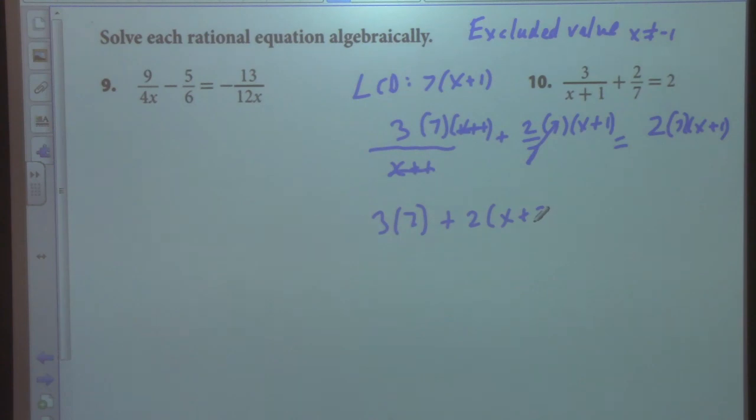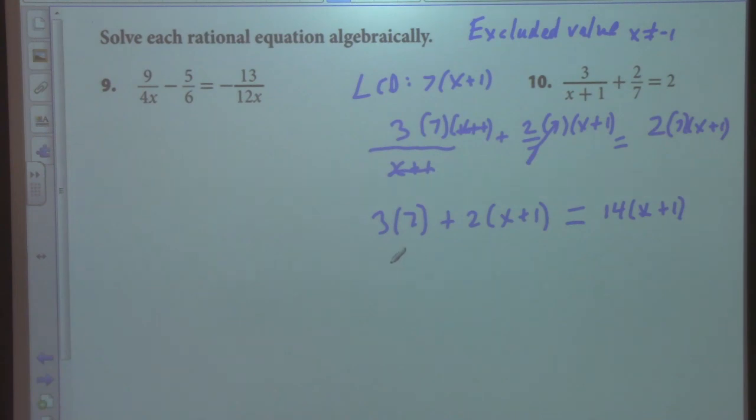Then you have x plus 1, right? Yeah, but once you times 2 by it, it'll be 2x plus 2. I'm just going to leave it in this form first. Now over here, what do you have? 2 times 7 times x plus 1. So that's going to be 14 times x plus 1.